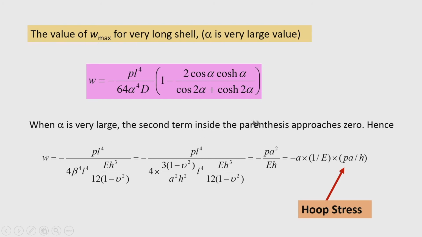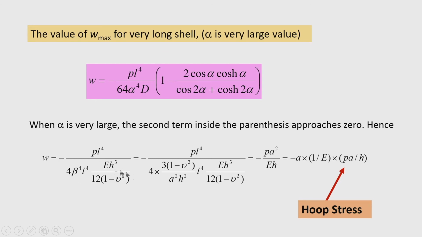So, the second term inside the parenthesis approaches 0 and therefore we write the expression of deflection for the long shell at the center as W equal to minus P L to the power 4 divided by 4 beta to the power 4 L to the power 4, and in place of D we now substitute E h cube divided by 12 into 1 minus mu square. And also in place of alpha we brought the parameter alpha, assumed as beta L by 2, so beta is appearing here.